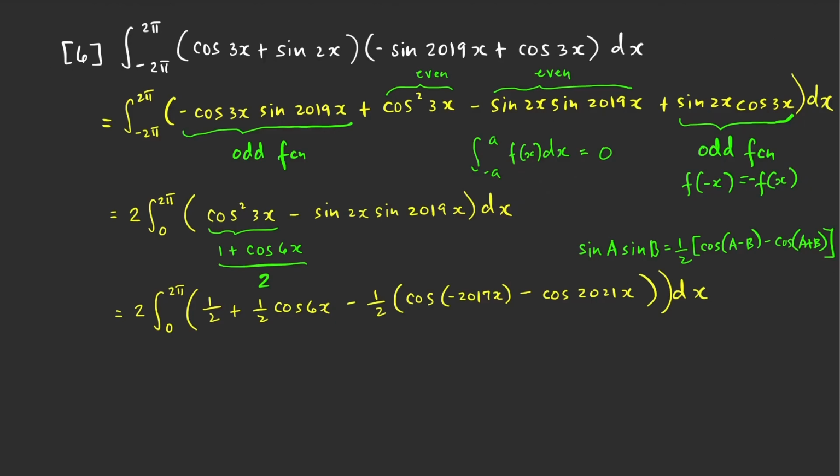But since cosine is an even function, this cosine of negative 2017x, we can replace the difference here by a sum. It doesn't matter, because cosine is an even function. So cosine of negative theta is the same thing as cosine of theta.